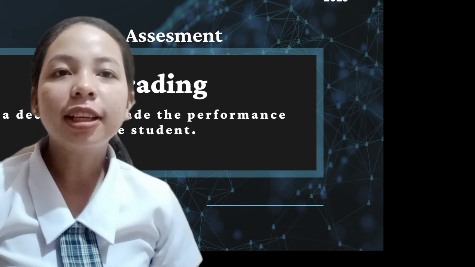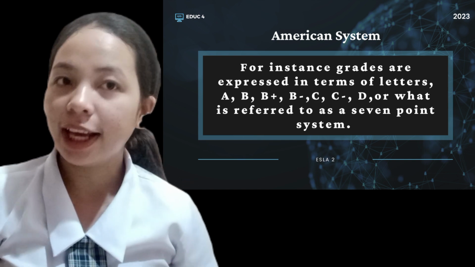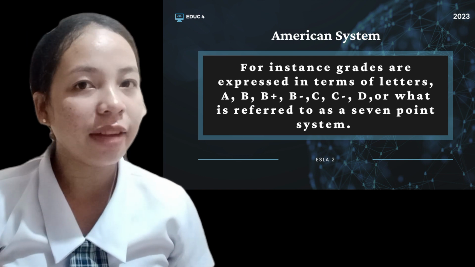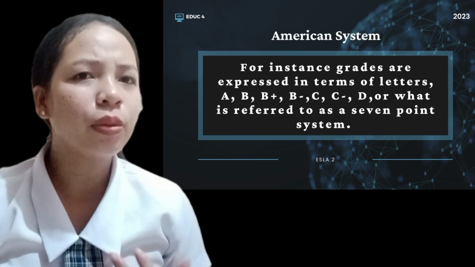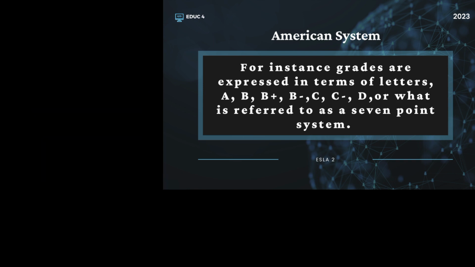For instance, in the American system, grades are expressed in terms of letters: A, B, B plus, B negative, C negative, or D, what is referred to as a 7-point system.